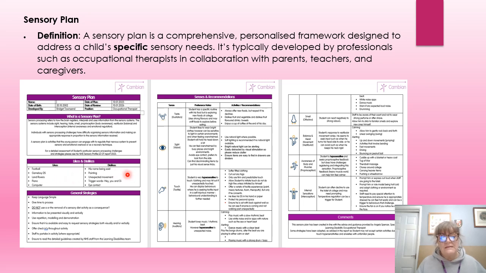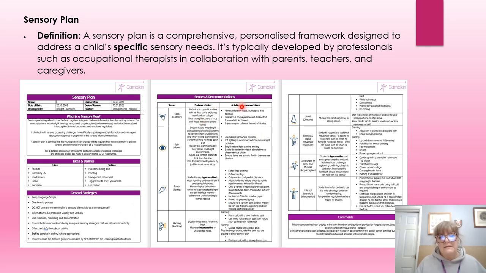Dislikes, so that is things to avoid, triggers which might dysregulate the young person. And then we've got some simple general strategies: keep language simple, give time to process, use repetition, modelling and demonstration. So these are general strategies that we want to use with all our young people.